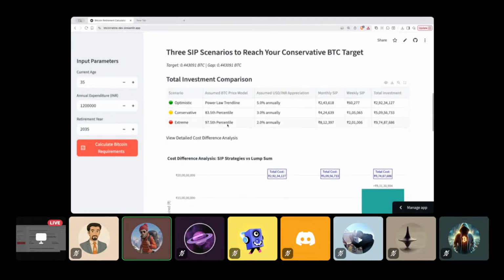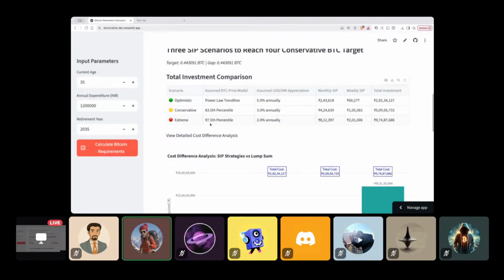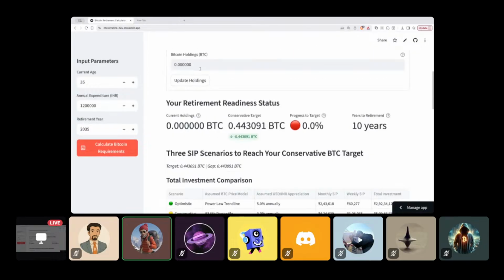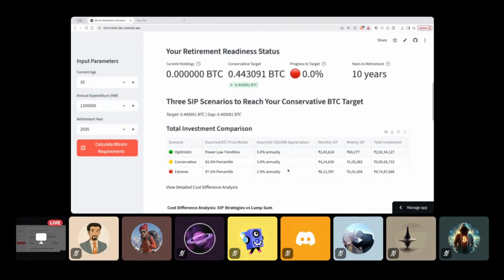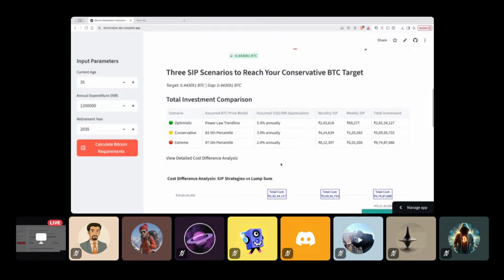So that's the assumption here. For the optimistic case, I have assumed that the price will follow the power law trend line. For the conservative case, 83.5 percentile line, and the extreme case, 97.5 percentile line. So basically, if you don't have any stack for your retirement and you want to plan, you can use these three scenarios.